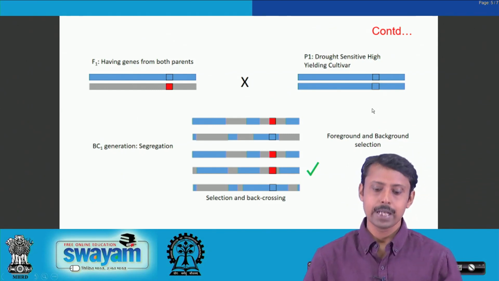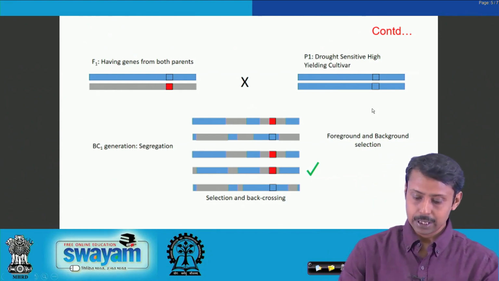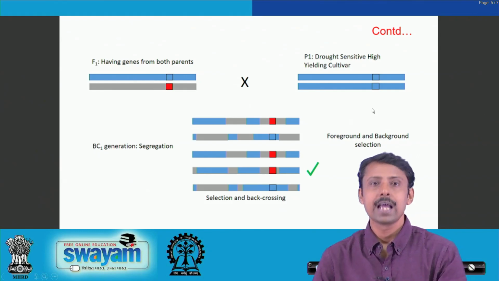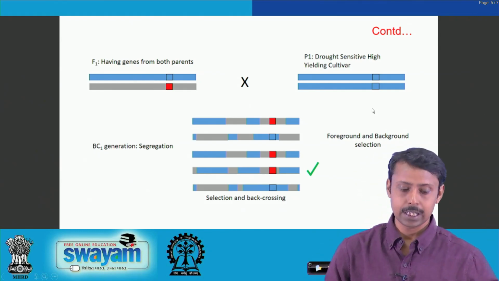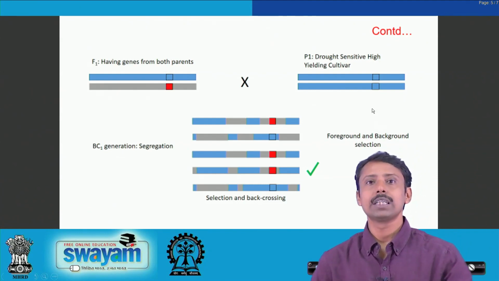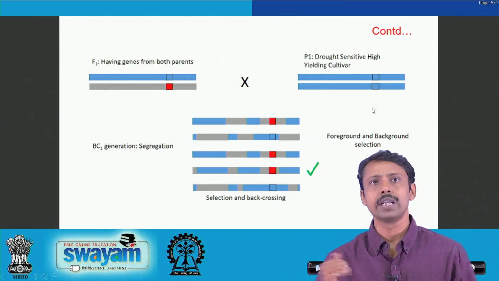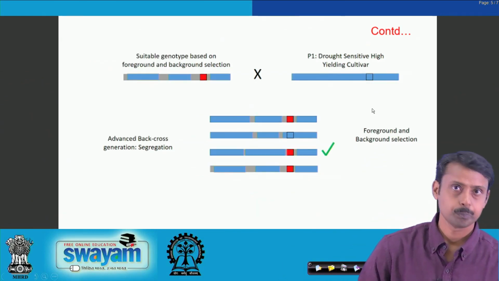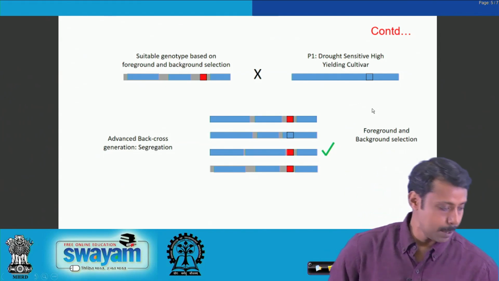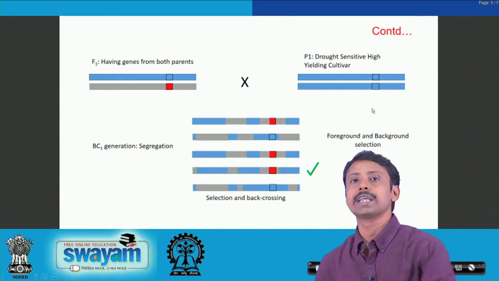So, in this way, by using foreground and background selection, we can transfer all the desirable traits from the high yielding cultivar and the drought resistant trait from the low yielder, and we can get our desirable product very easily without successive generations of yield trial. Thereafter, the plants we have chosen will be crossed again.